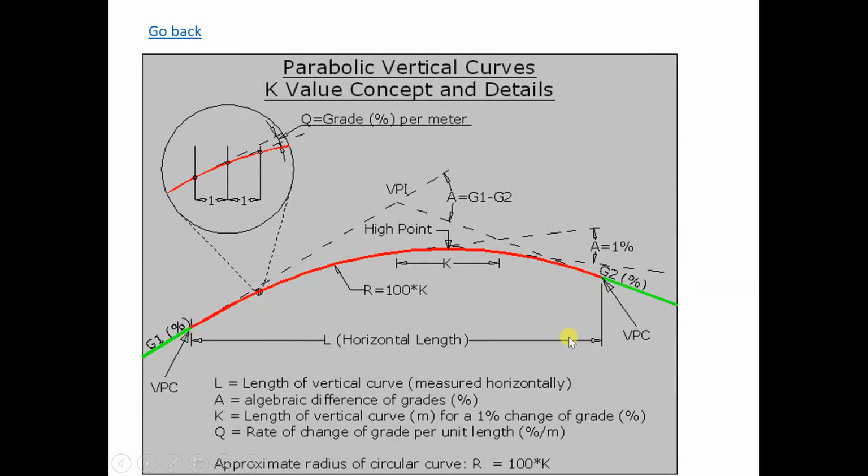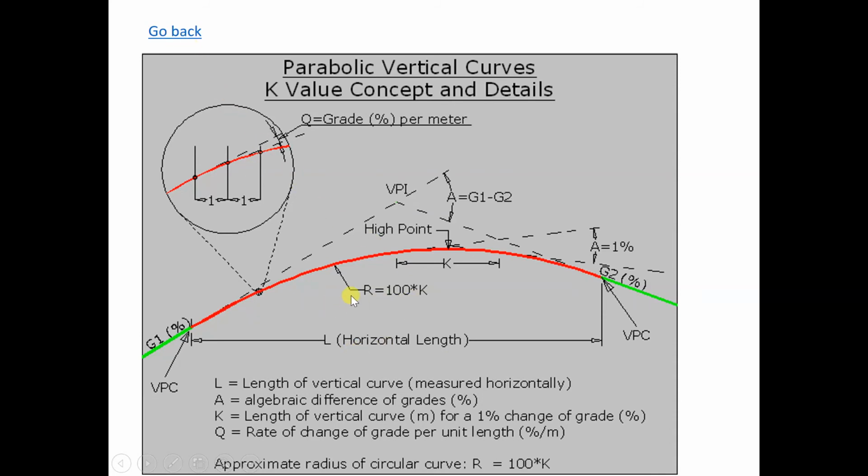We are not going to measure how long the road is up the hill and down the hill, because the curved line will be longer than the straight line. The chainage is based on the horizontal line of the road.